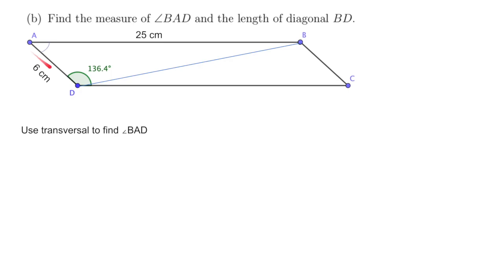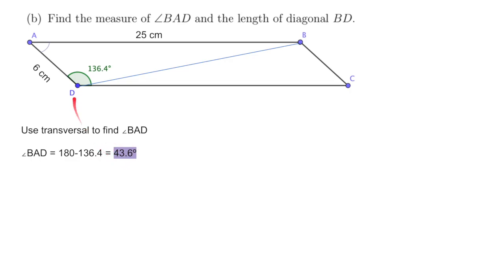Since we know that AD is technically a transversal across parallel lines AB and DC, we know that this angle right here is just going to be 180 minus 136.4, because these angles have to add up to 180 degrees. Therefore, angle BAD is 43.6 degrees. So we've already finished half of the part that we need to finish.